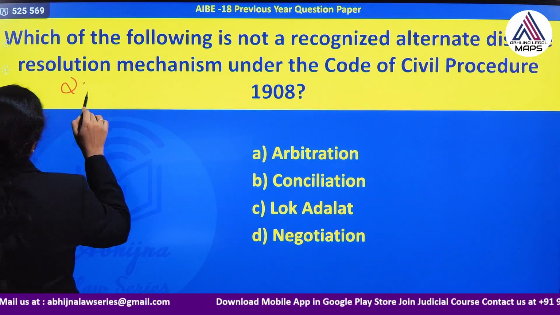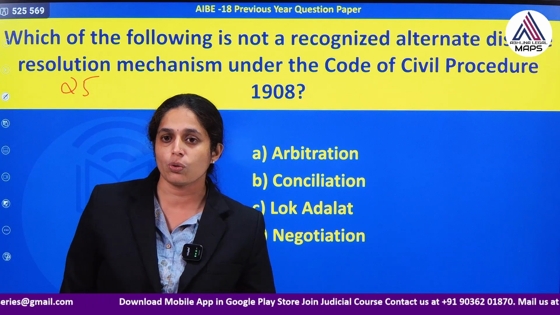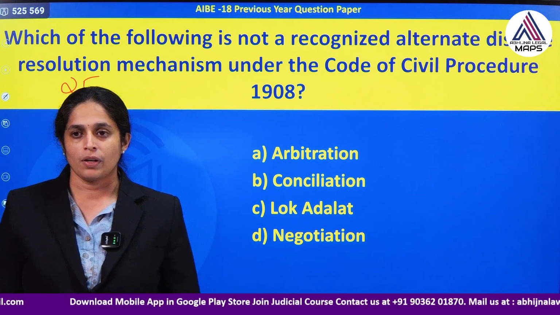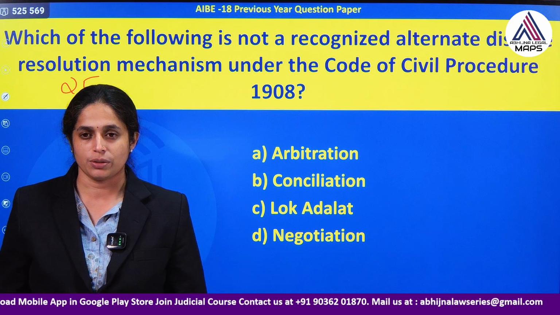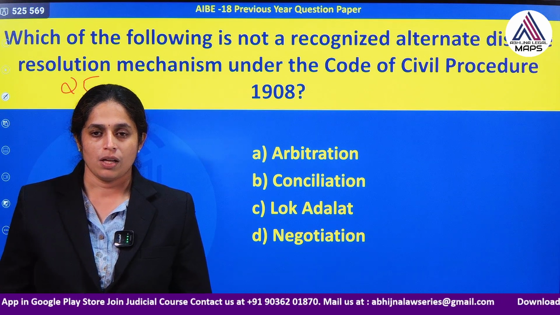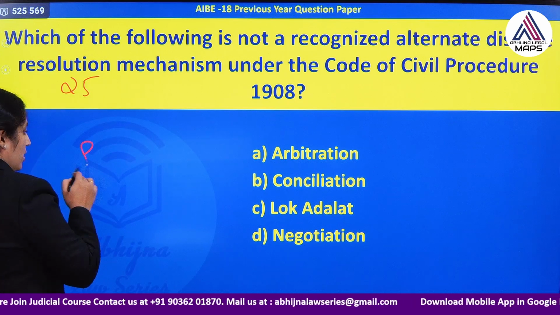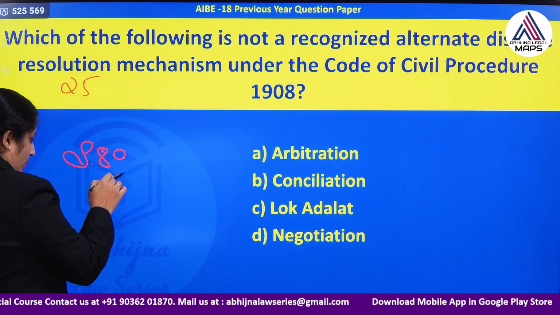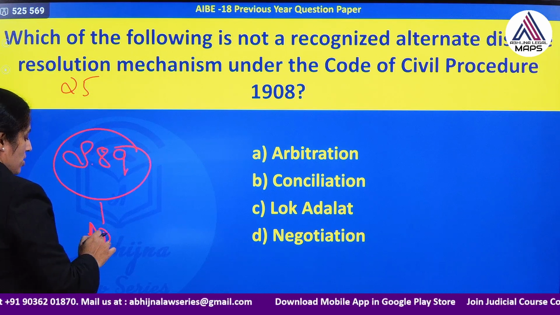25th question. Which of the following is not a recognized alternate dispute resolution mechanism under the Code of Civil Procedure 1908? It could be arbitration, conciliation, lok adalat and negotiation. Under section 89 of the Code of Civil Procedure, they have recognized the alternate dispute resolution mechanisms.